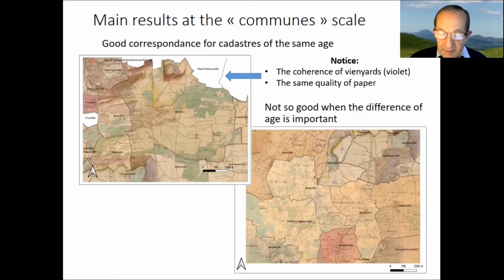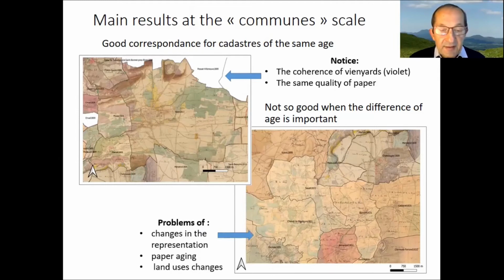But on the other hand, you see there are some problems when you try to compare cadastres that have not been done at the same period. Here, the Volvic municipality, it's a very old one, 1809. There is only forests that are represented. The paper has not the same quality.